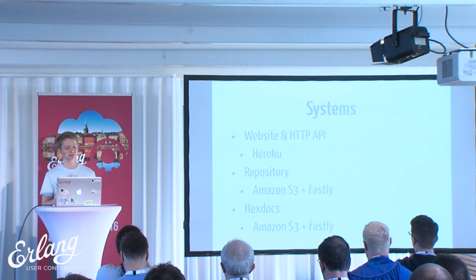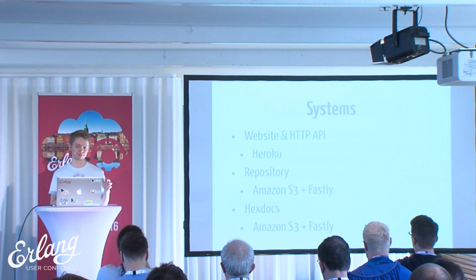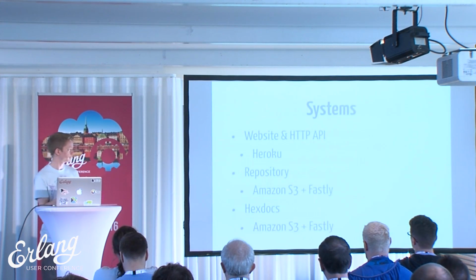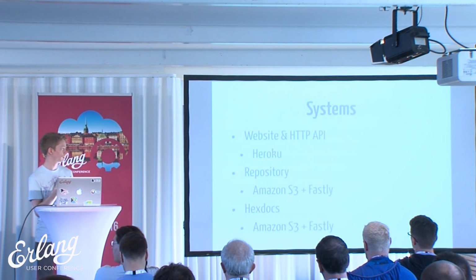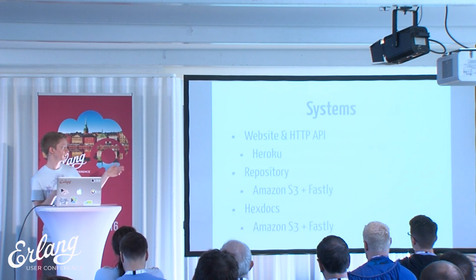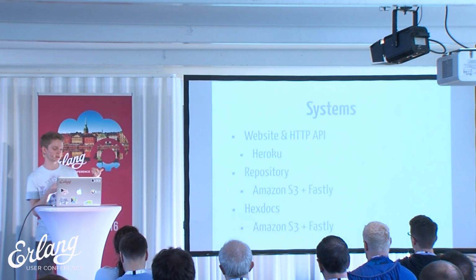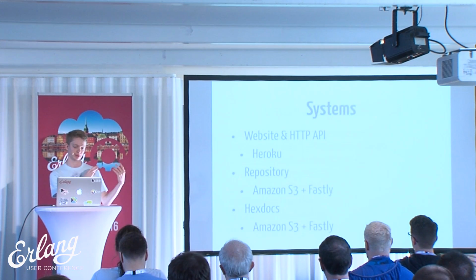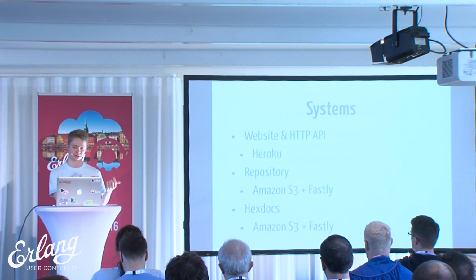Let's quickly look at the systems that build Hex. So the main repository for Hex is hex.pm, and it has three major components. All of this doesn't have to be implemented to have your own repository. You only have to actually implement the repository endpoints.